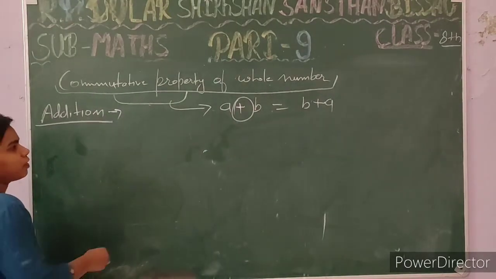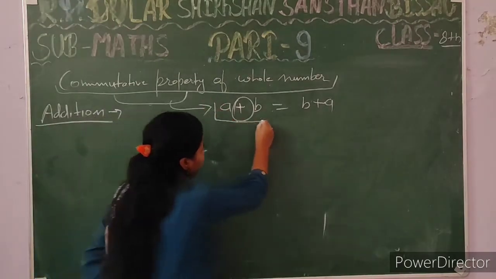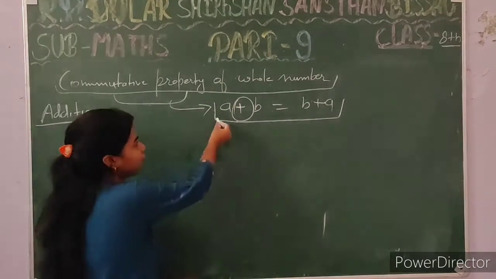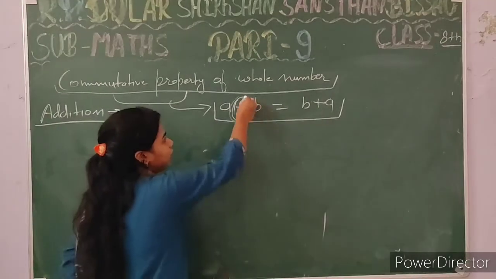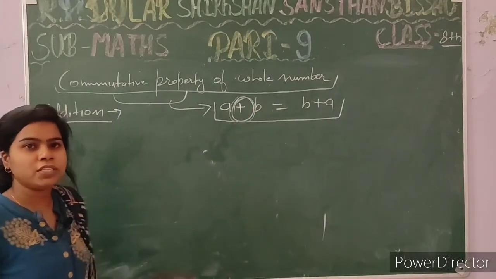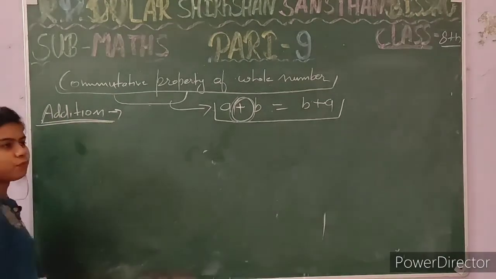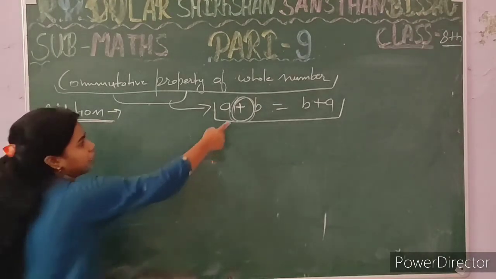First of all students, always remember what the commutative property means. The sign will be changed according to the name of the property. If we use addition for the addition commutative property, here we use the addition sign.